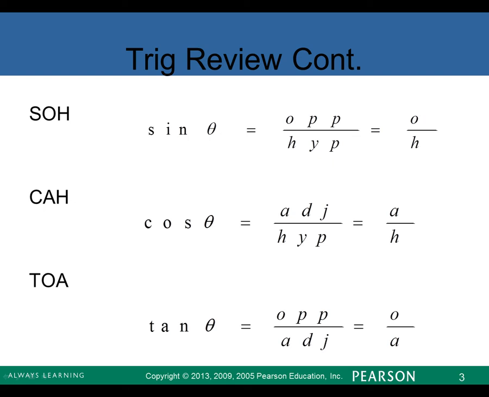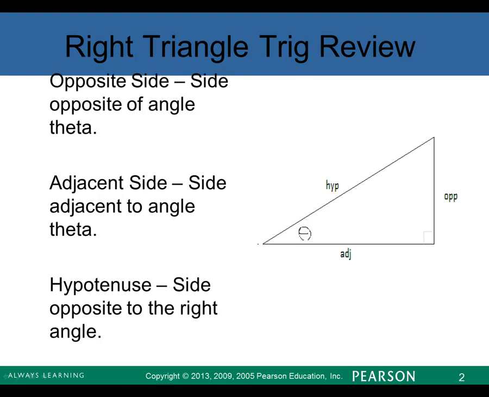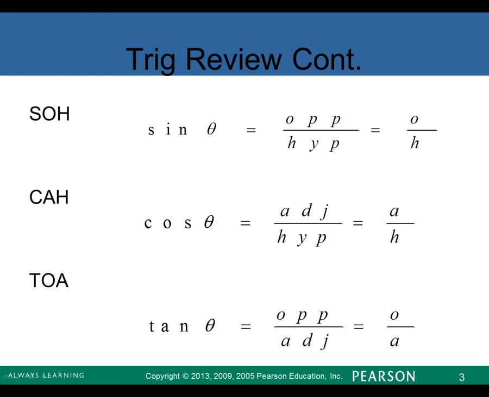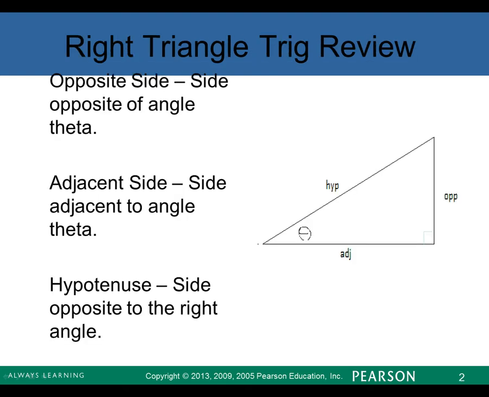I like to use the mnemonic phrase SOHCAHTOA, where S for sine is opposite over hypotenuse. Cosine is adjacent over hypotenuse, and tangent is opposite over adjacent.